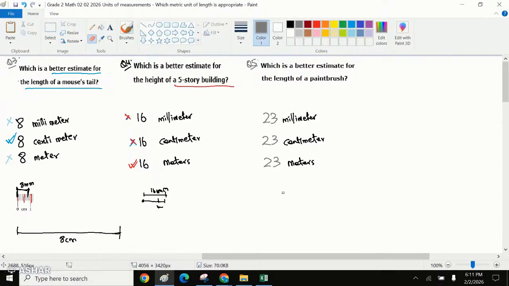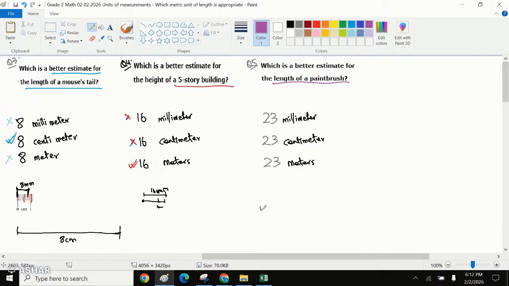A tennis court or a pickleball court would be 23 meters, right? 23 millimeter would be the upper part of the paintbrush where they have the hair, which we use to paint. But the entire paintbrush would have how much? Length of the paintbrush would be? What is a better estimate?